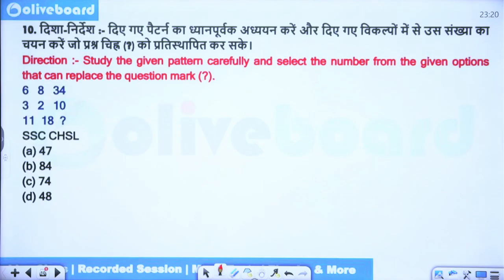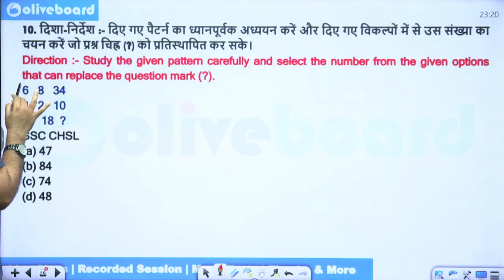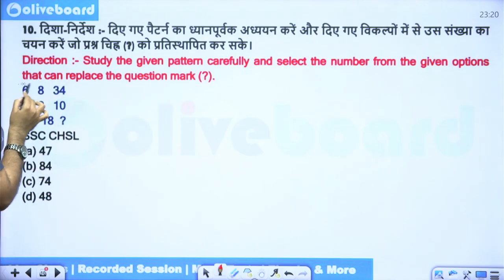No, that's not it. If we just try to add their multiples and get close to them, 6 into 2 and 8 into 2, 16 and 12, no, 24 and 12 is 36. Okay, yes, it's working here also, I believe.